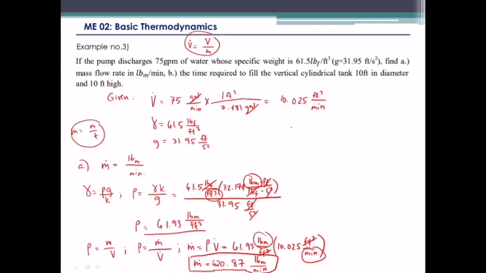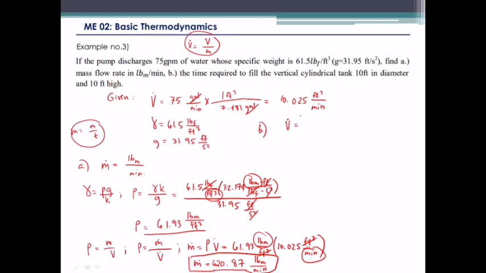Now letter B: the time required to fill the vertical cylindrical tank 10 feet in diameter and 10 feet high. So we are given the volume flow rate, right?